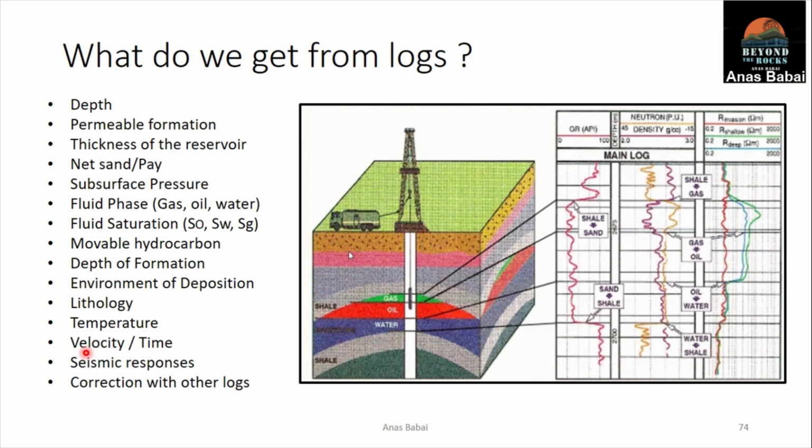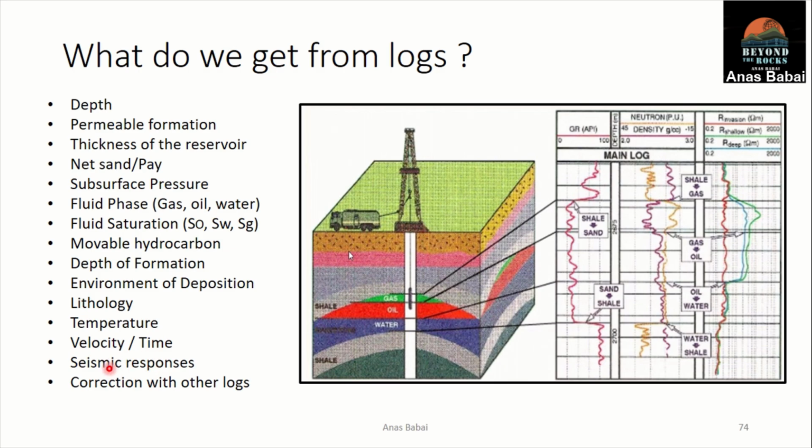We can use the sonic log to generate an acoustic impedance, and from that we can get a synthetic seismogram, which is similar to the seismic response, and that is very important in correlating the seismic to the borehole, because as we know, seismic is done in time, while the boreholes are in depth.